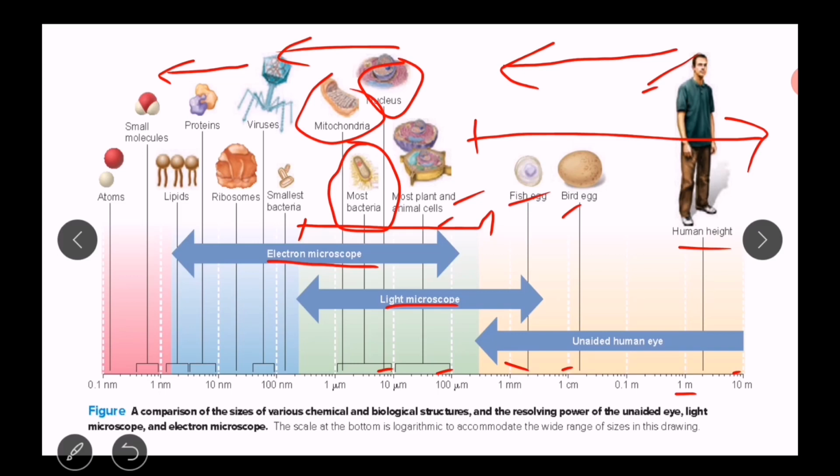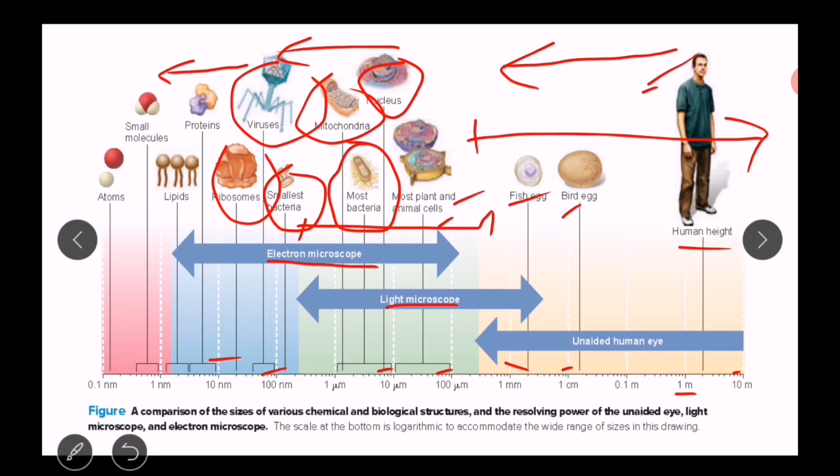They are small bacteria, viruses, ribosomes. These are very small structures. They are at the nanometer size, much more smaller than micrometer. Viruses lie between 10 nanometer to 100 nanometer.